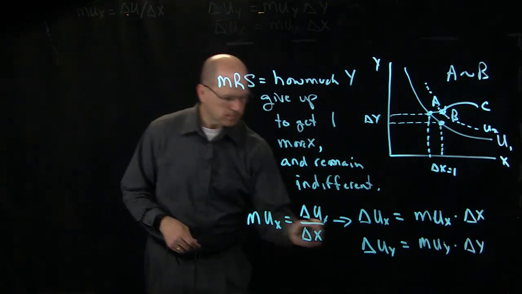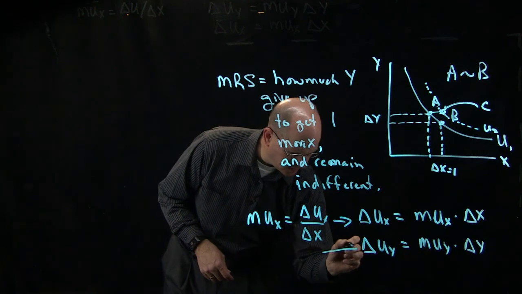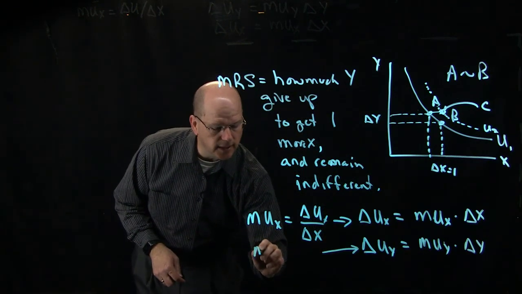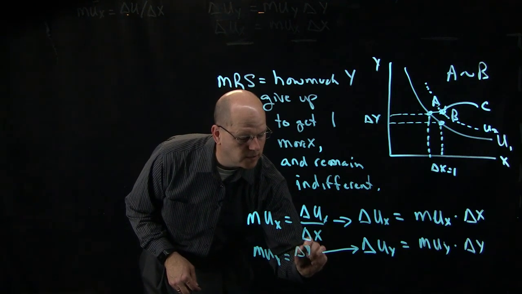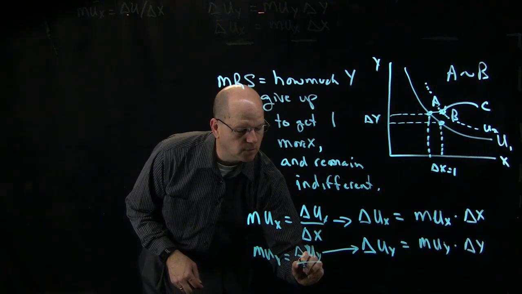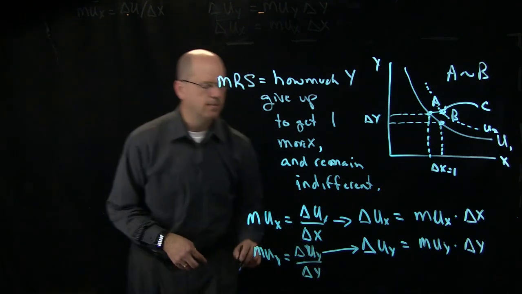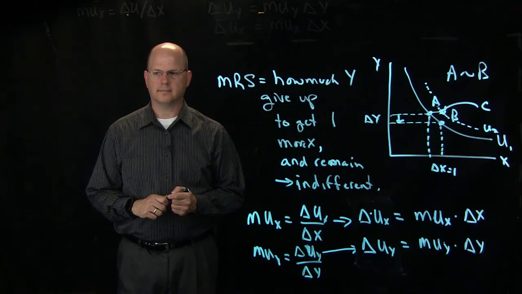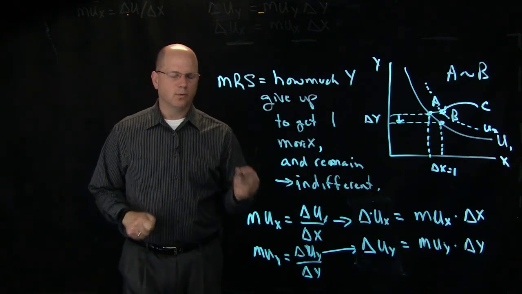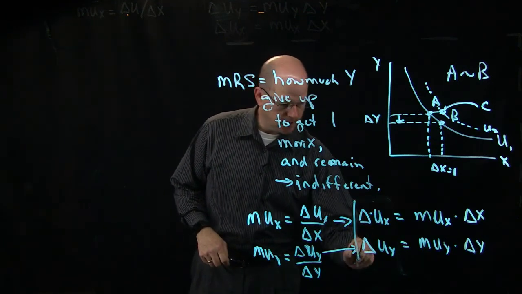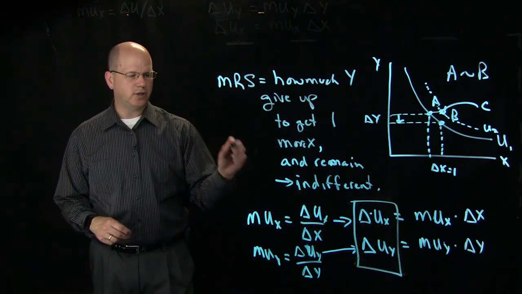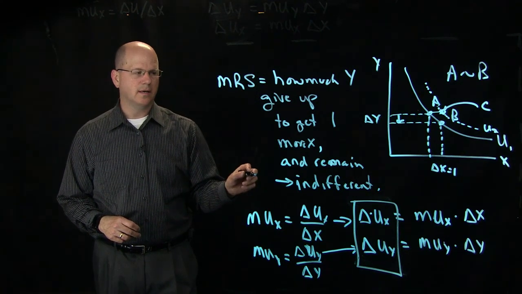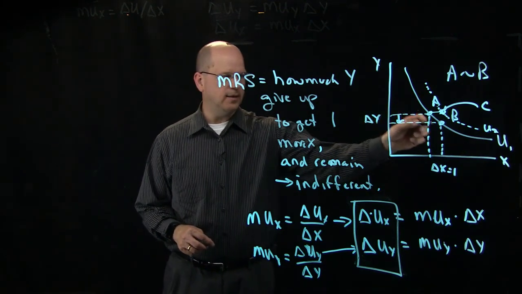Right? So if we wanted to draw this one, we could come back here and say MUY is equal to the change in utility from consuming good Y, right? So what do we know about these two change in utilities moving from A to B?